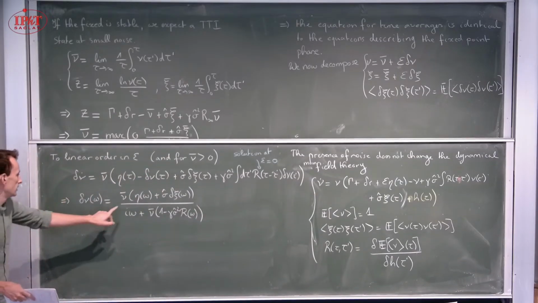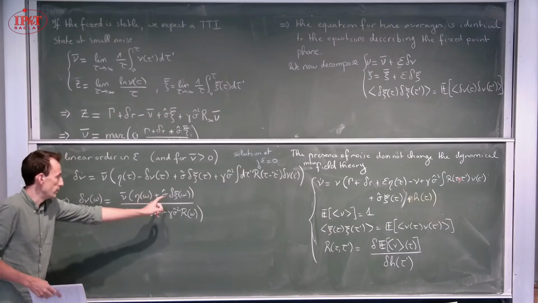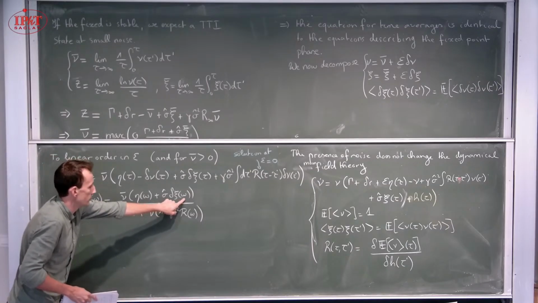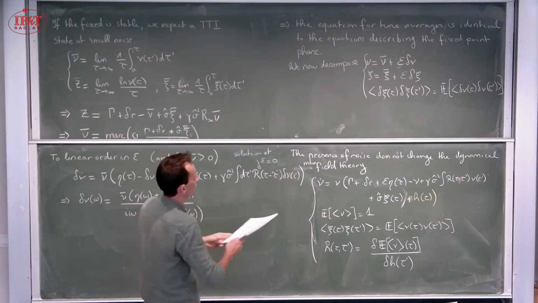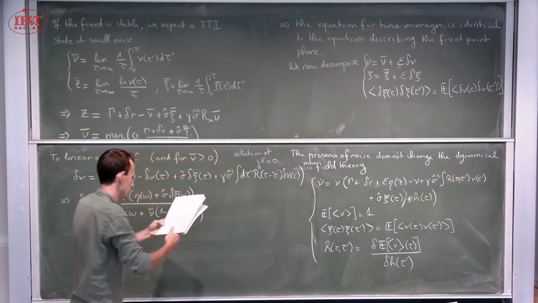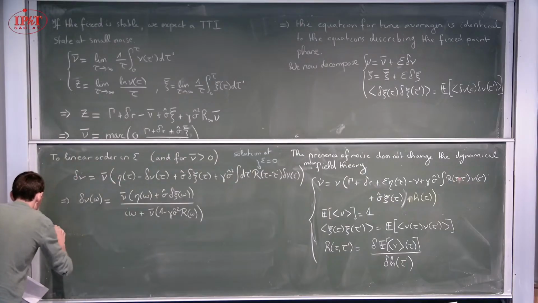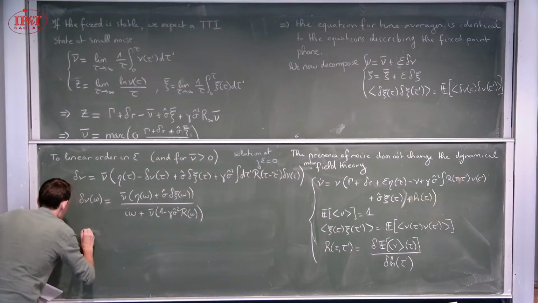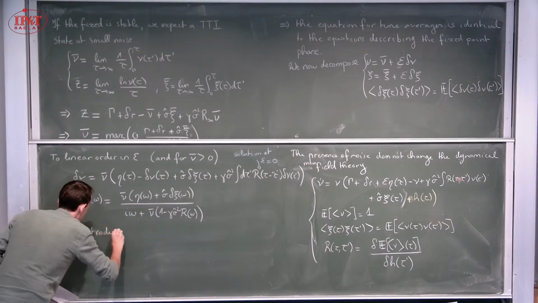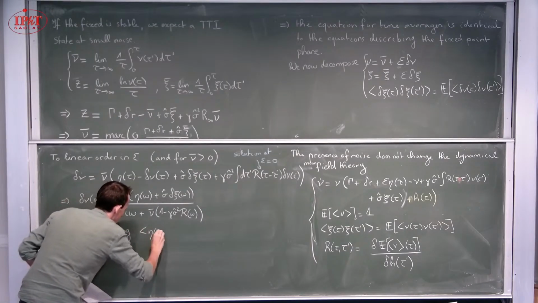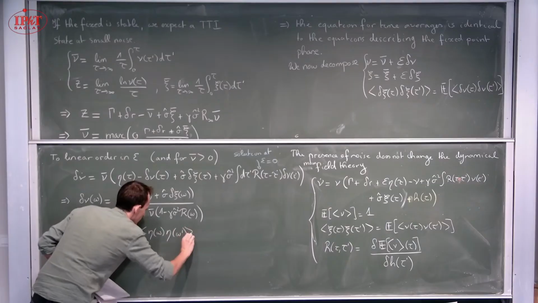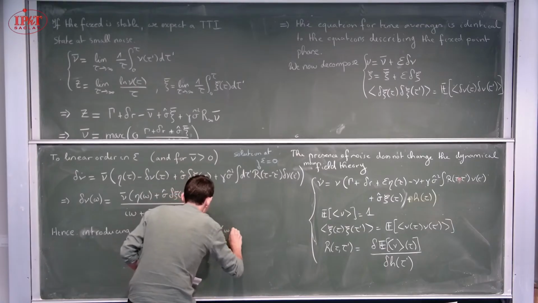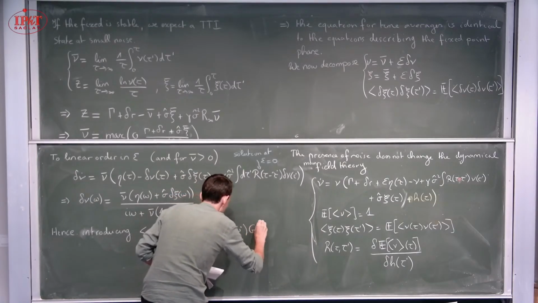And now you can take the variance in the Fourier domain and use the fact that the variance of this guy and the variance of this guy are the same. This is contained in this equation. Hence, I'm introducing: I'm going to write the variance of the external noise as 2 pi delta omega plus omega prime g omega.